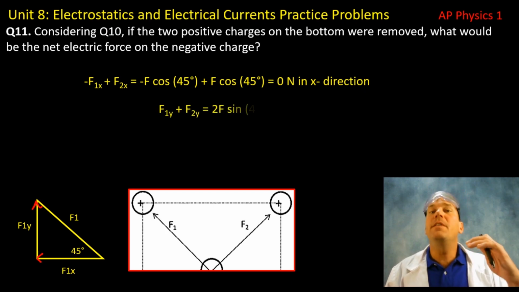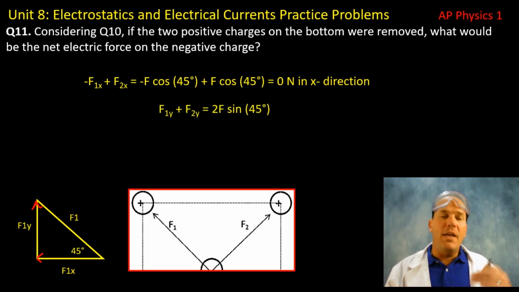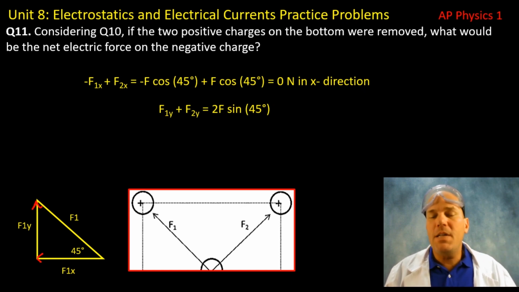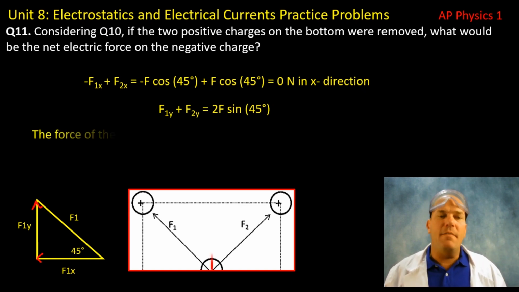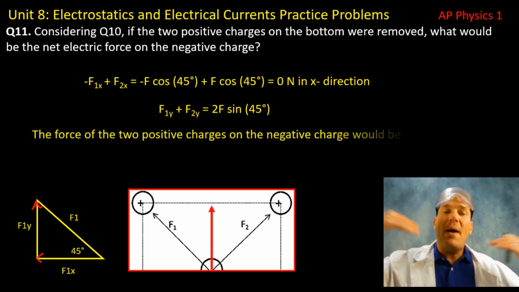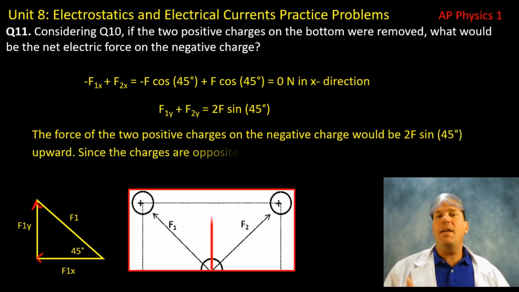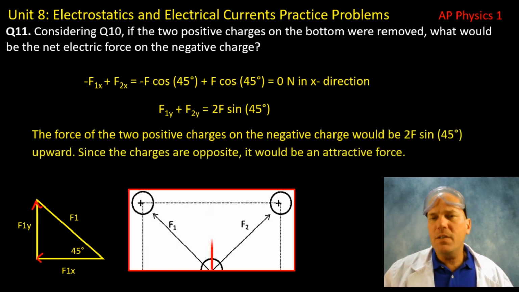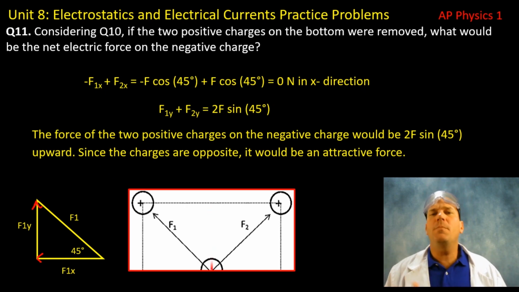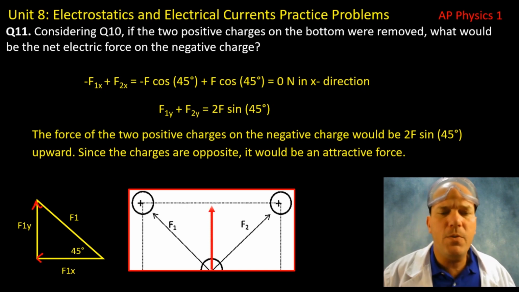However, if we look vertically now and analyze these, we see that both of these have that upward or positive force. So we get an answer of 2 times the force multiplied by sine 45 degrees.